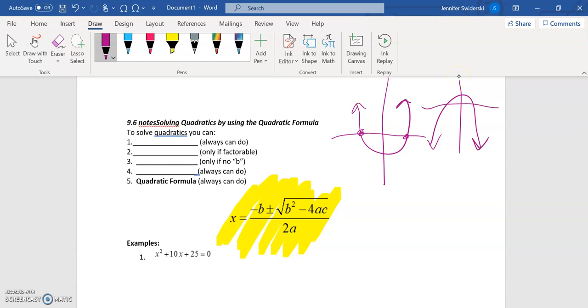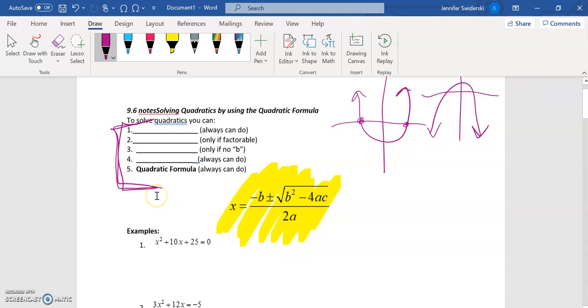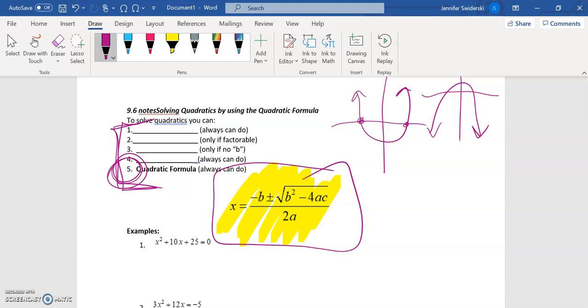We've talked about how sometimes it's pretty, sometimes it's not. We've talked about multiple different methods as to how to solve quadratics, and we're focusing a lot on number 5 with this unit, the quadratic formula. Having this memorized will be super helpful for you.